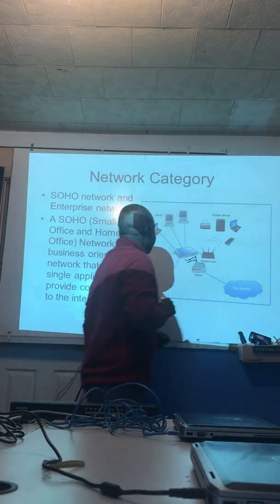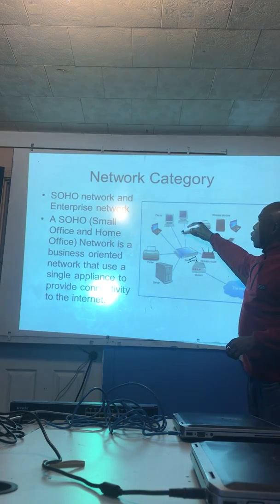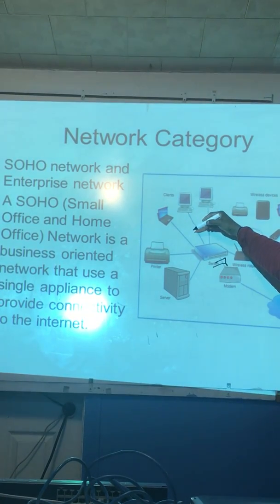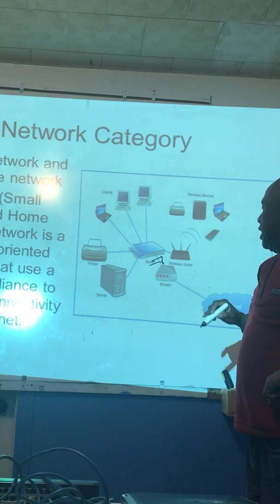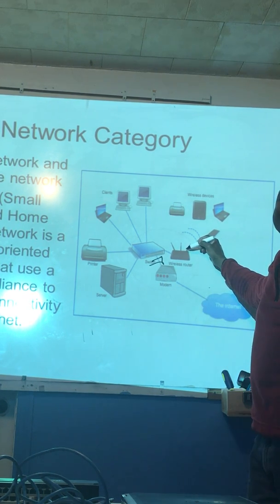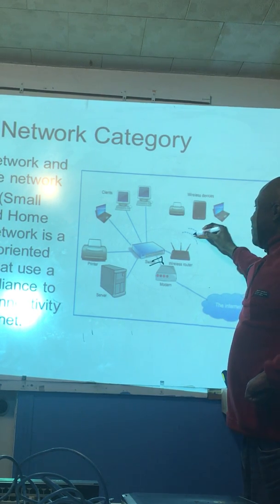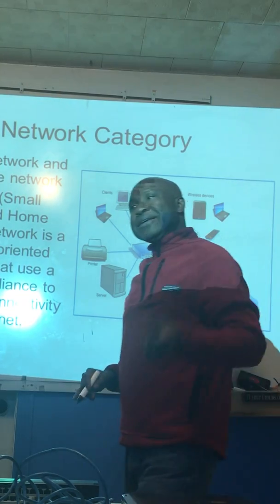So as I said again, in the network you will have a switch that allows you to connect all the devices, printers, computers, and cameras together, and you will have an access point, which is a device that allows you to connect wireless devices to a network, and you will need to have a router.